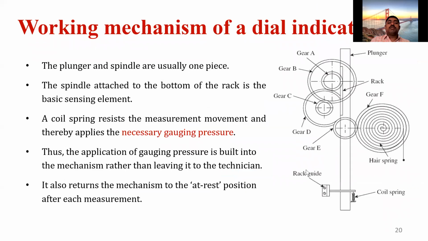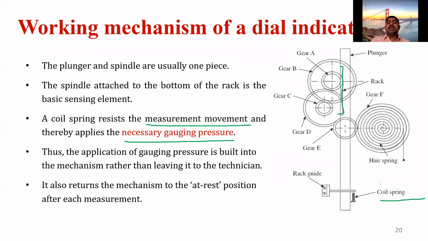This is the working mechanism of the dial indicator. Here this is the plunger, and this plunger is attached to the bottom of the rack. At the bottom of the rack the plunger is attached, and there is a coil spring that resists the measurement movement and thereby applies the necessary gauging pressure.